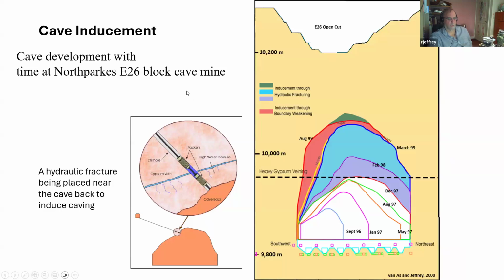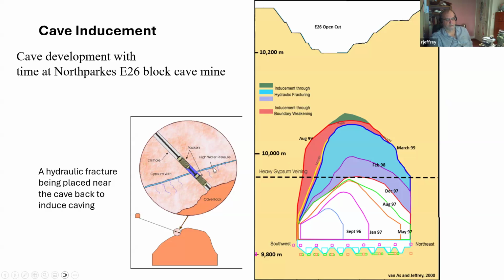In another mine, North Parkes E26, this was the first example of hydraulic fracture being used in Australia to induce caving in a block caving mine. And here you can see a hydraulic fracture being placed using straddle packers near a cave back from an offset or existing tunnel that allowed access to existing boreholes or drilling of new boreholes to place the fractures.